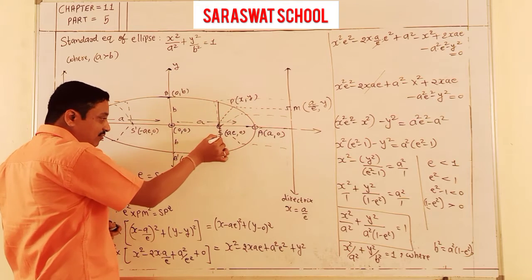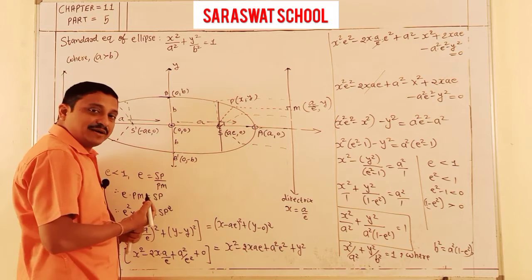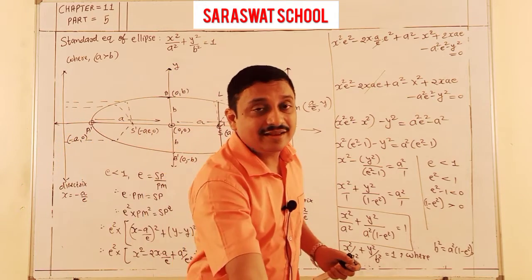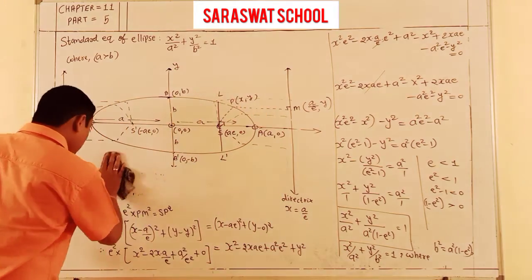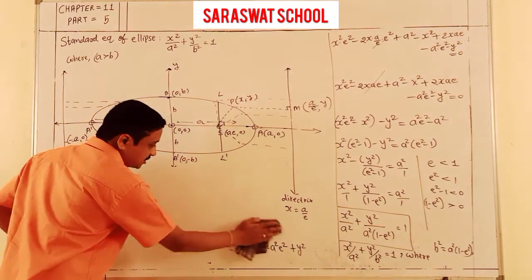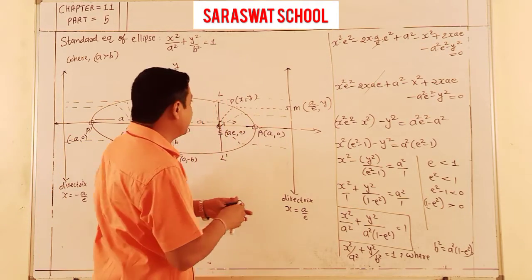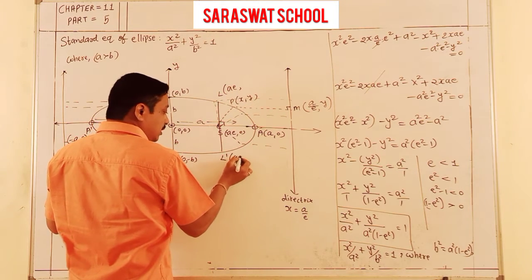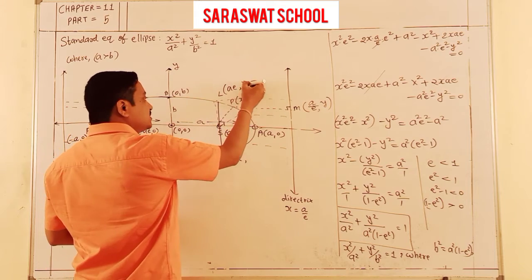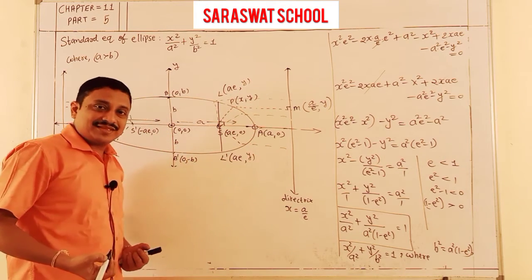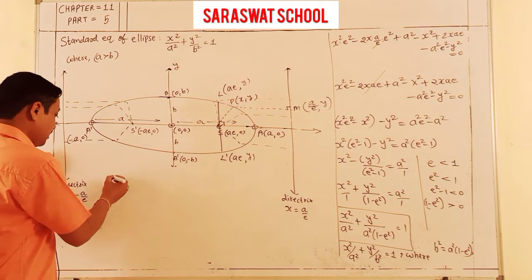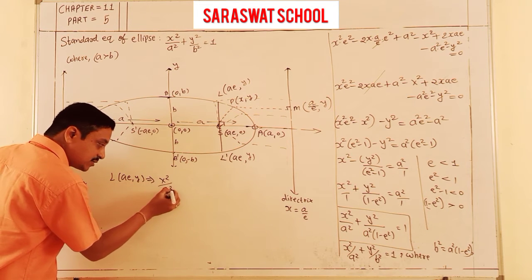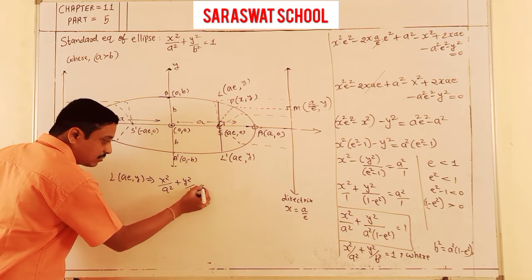Now the length of the latus rectum, at 90 degrees, passing through the focus, L and L dash. The x coordinate is definitely ae, and the y coordinate I will derive using simple calculations. The x coordinate is ae, the y coordinate we consider as y. Now I apply this on the given equation, x square by a square plus y square by b square is equal to 1.